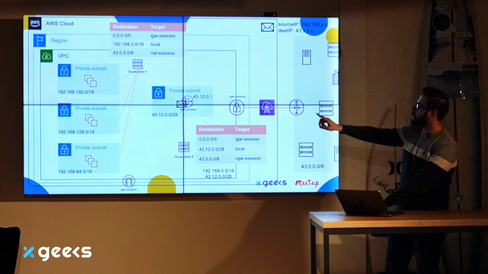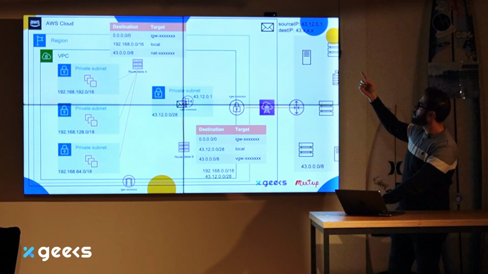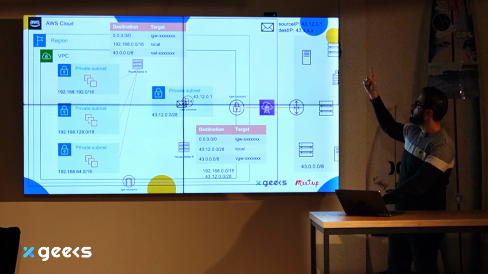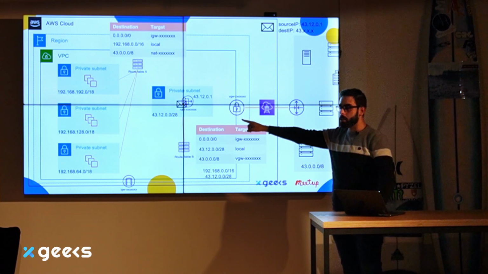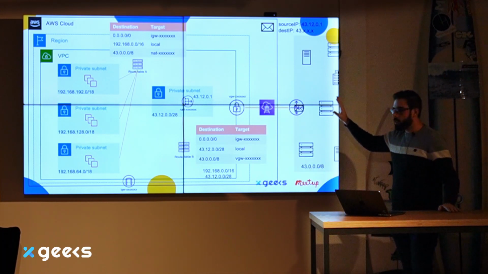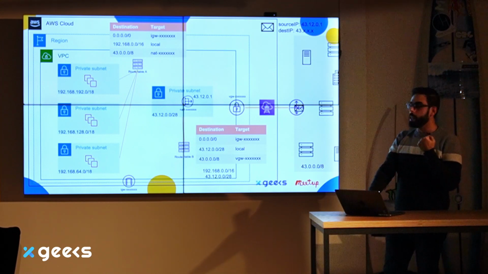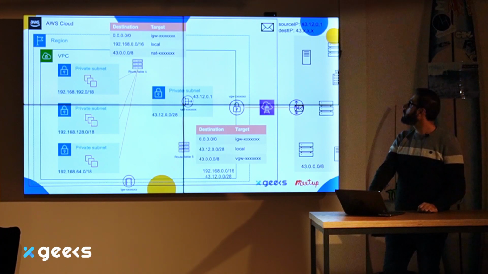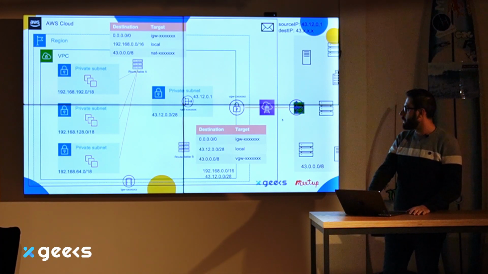Because of that rule, the package will be forwarded into my NAT gateway, and now the network address translation will work, and my source IP will be my own NAT gateway's IP. Now you can forward this package to the client, and because the source IP is from its network address, you will accept it.